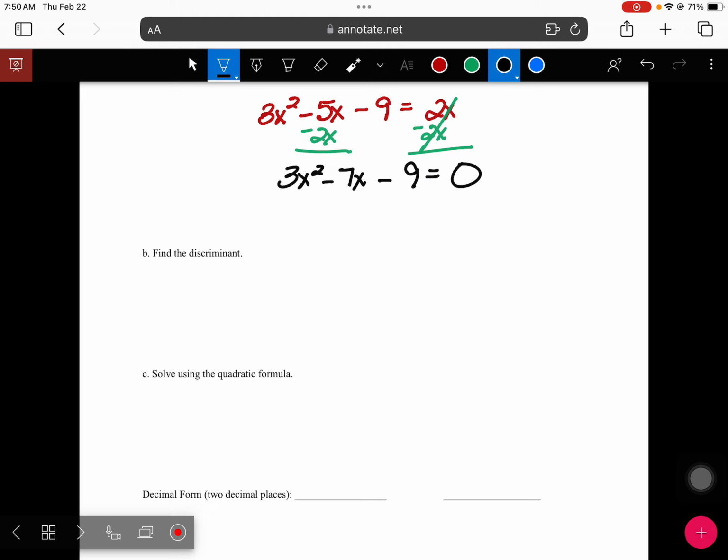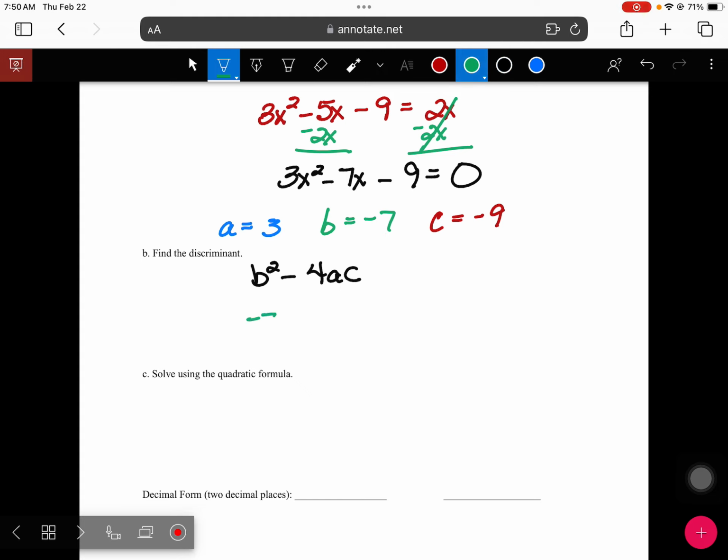Before I find the discriminant, it is in standard form now. I would look for A, which is 3, B, which is negative 7, and C, which is equal to negative 9. My discriminant, B squared minus 4AC.